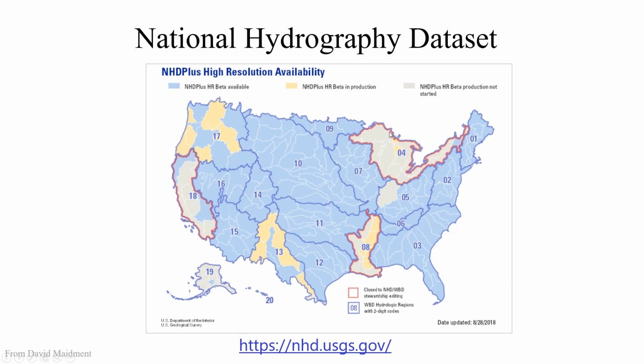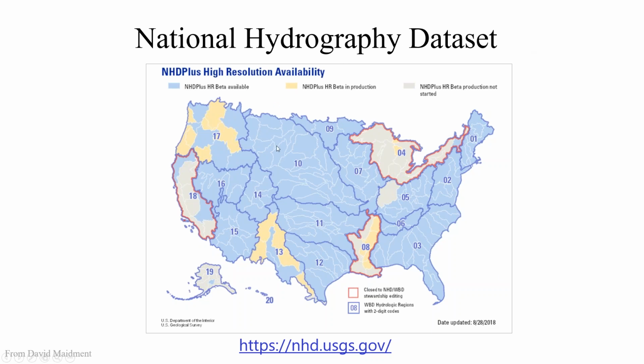And we're in a process where the agencies involved are rolling out high-resolution national hydrography datasets. Wherever it's blue, it's available in beta format. Where it's yellow, it's in production, and there are a few places where it hasn't been started yet. That was as of a year ago, so there's probably been considerable progress since then.